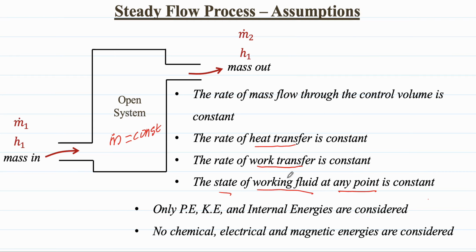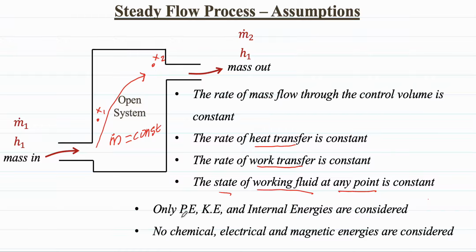So if we consider a particular point, okay, if we consider 2 points where the flow is happening in this direction, let's say point x1 and point x2, all the state properties at the point x1 are going to be the same, and all the state properties at the point x2 are going to be the same.